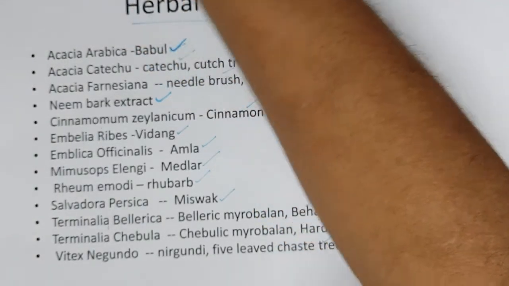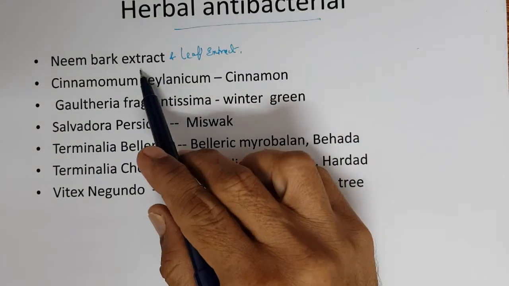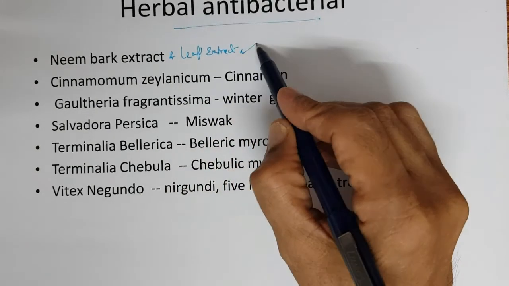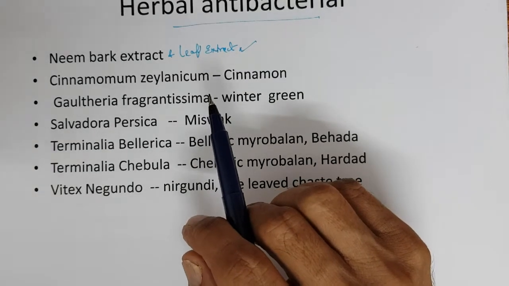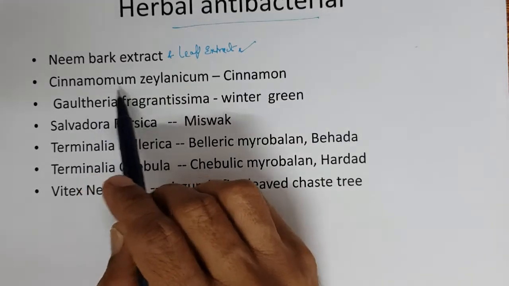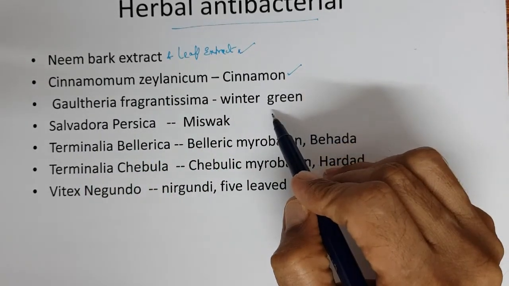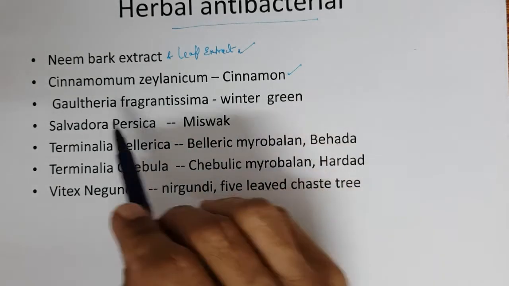You can easily view the chemical constituents. Neem bark extract and neem leaf extract are also very good herbals. So neem bark and leaf, no, it's very, very good for oral care. Cinnamomum zeylanicum, cinnamon extract, oil, very good herbal antibacterial.